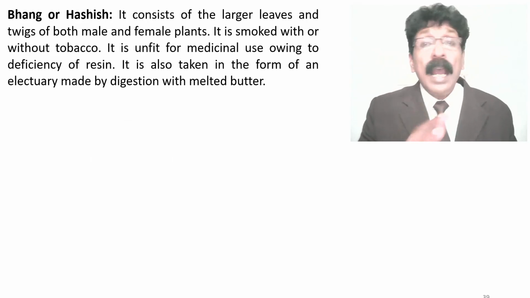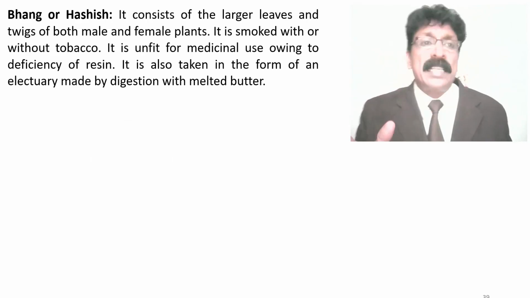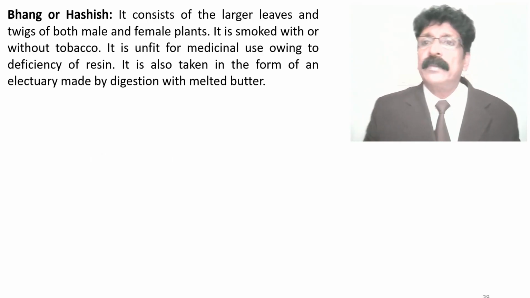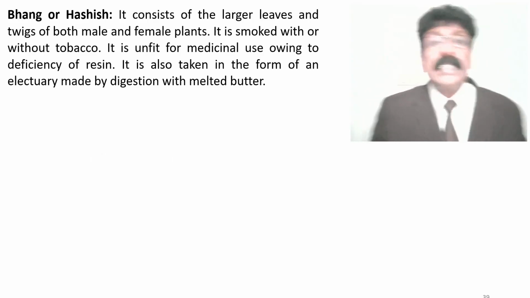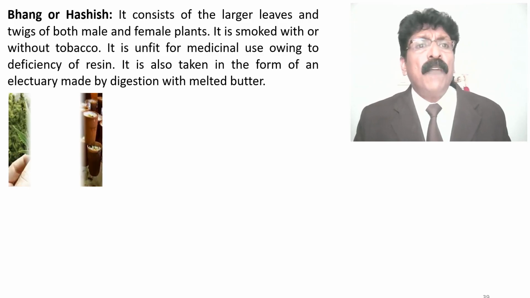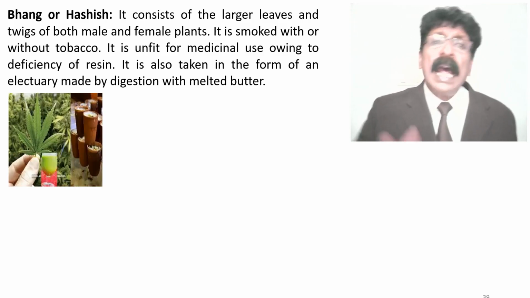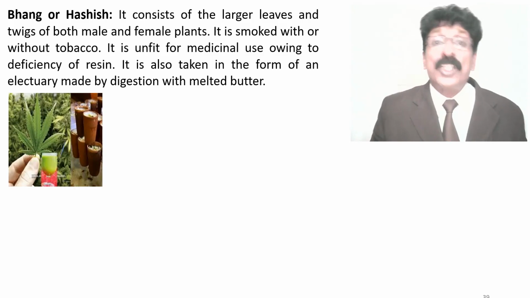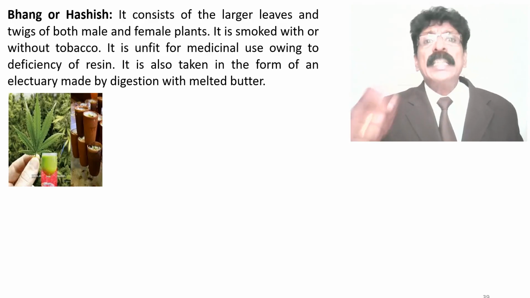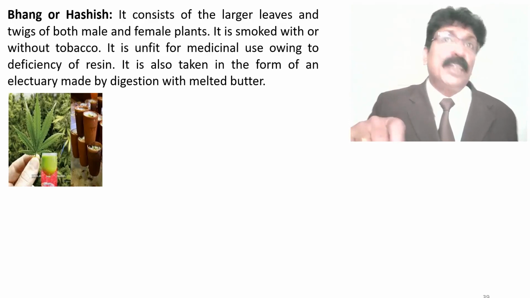Bhang, or hashish, you can say bhang or hashish, is a drink actually. It consists of larger leaves and twigs of both male and female plants as shown in the picture. It's a drink and sometimes it is smoked with or without tobacco also.